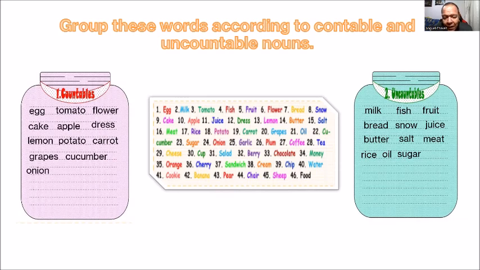Number 25, garlic. Uncountable. Number 26, plum. Countable. Number 27, coffee. Uncountable. Number 28, tea. Uncountable. Number 29, cheese. Uncountable.